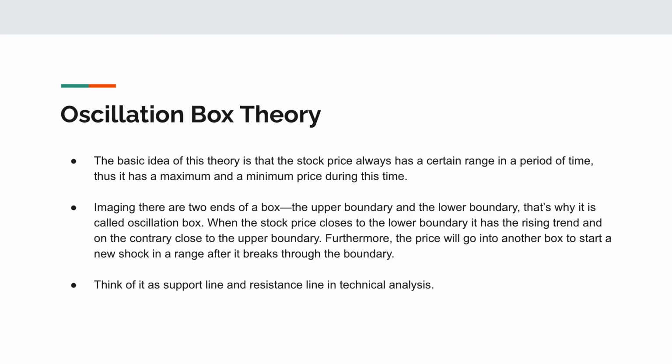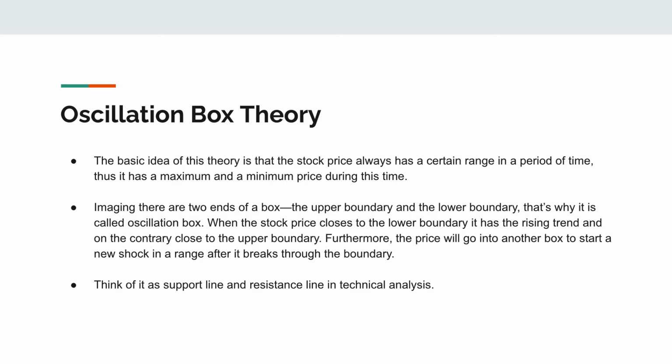Furthermore, the price will go into another box to start a new oscillation in a range after it breaks through the boundary. So for people who have experience with technical analysis, you can think of it as a support line and resistance line. So if the stock price breaks the support line, there is a high chance that the stock price will continue to go up.